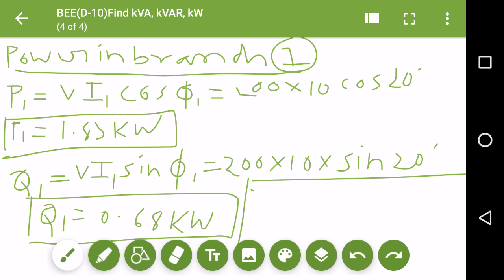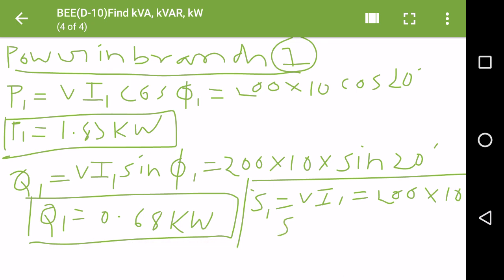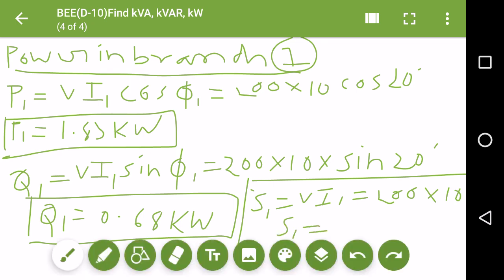So this is my Q1 value, and finally I will find my S1 value, which is very easy to find. The formula for finding S1 value is just V into I1. V is 200 and I1 is 10, so S1 value comes out to be 200 into 10, that is 2 kVA. So this is my S1 value.